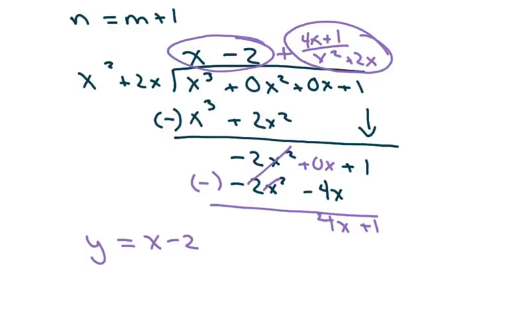Now, next thing we need to do is determine if the graph intersects our oblique asymptote. So we set our original equation to our y. So plus 1 over x squared plus 2x. We know this equals our y, but our y happens to be x minus 2.